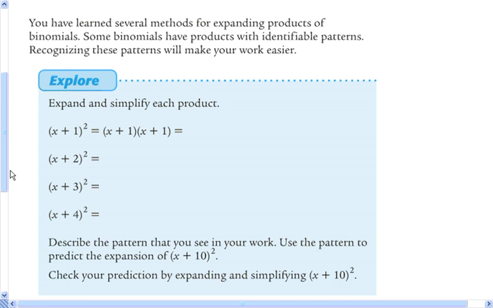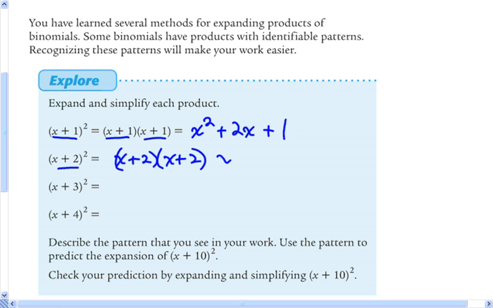If we multiply out, expand x plus 1 squared, that's the same as the quantity x plus 1 times quantity x plus 1. We're going to end up with x squared plus 2x plus 1. If we expand x plus 2 squared, we get x squared plus 4x plus 4.